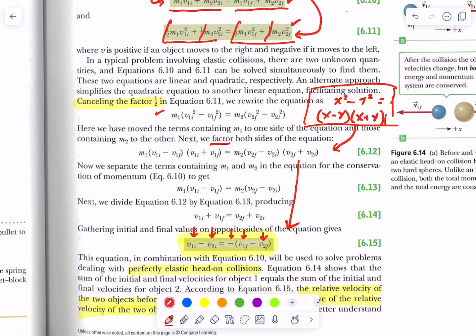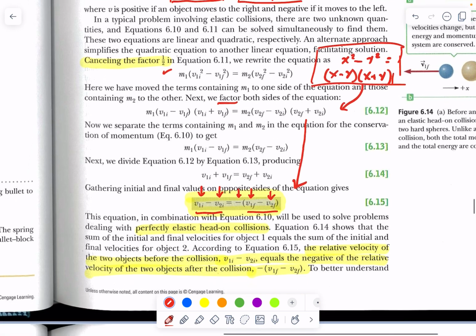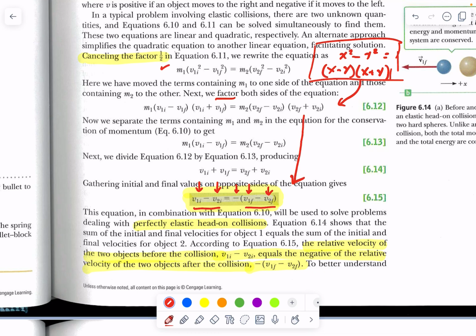So the difference in their initial velocities equals the negative of the difference of their final velocities. And that is a helpful identity to solve perfectly elastic head-on collisions.